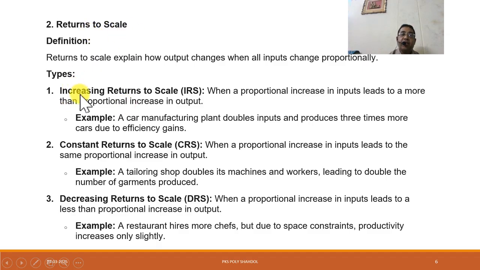How many types of return to scale? Increasing return to scale, constant return to scale, decreasing return to scale.